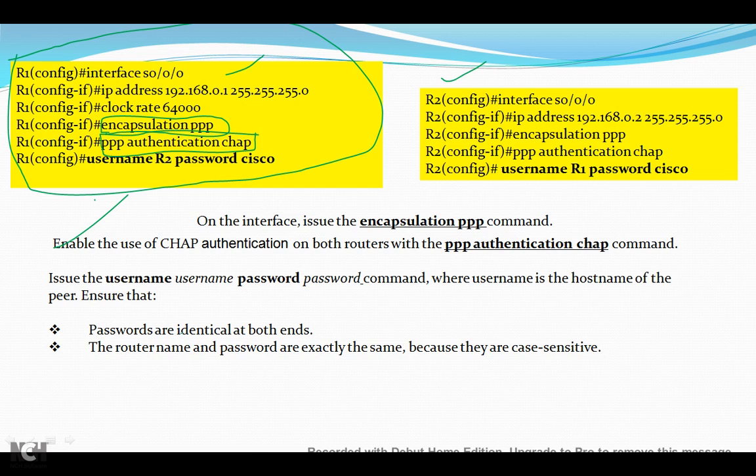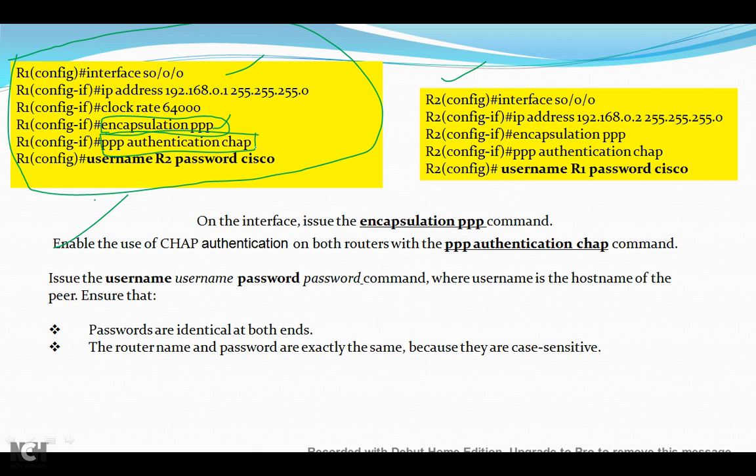If we talk about this command, again, on the interface we issue the encapsulation PPP command. We have to use this PPP command on the interface. Second, PPP authentication CHAP. Here CHAP or PAP we can use, both together as well as separately one by one.